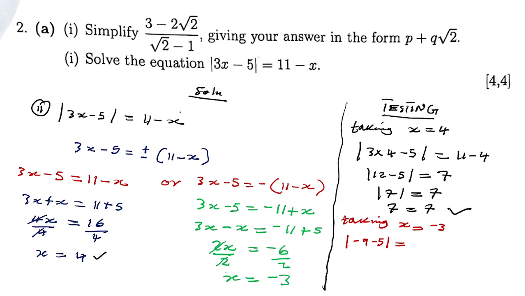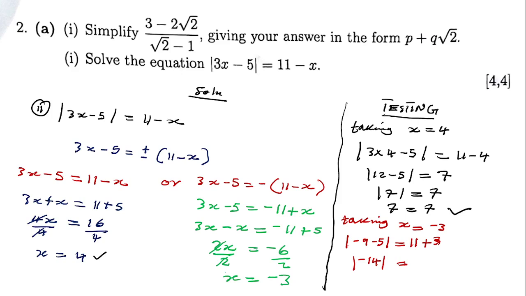So -9 minus 5 will simply give us -14, and then we have 11 plus 3; remember this is 3, so this will also be 14.